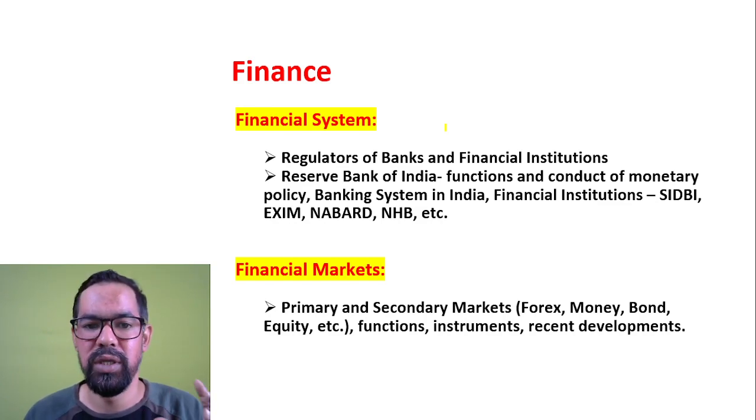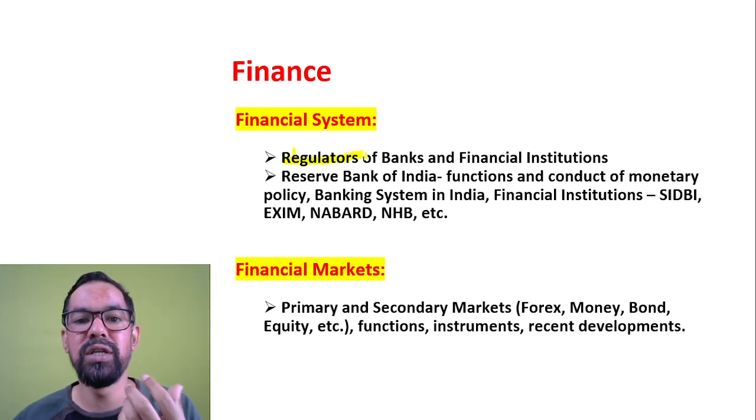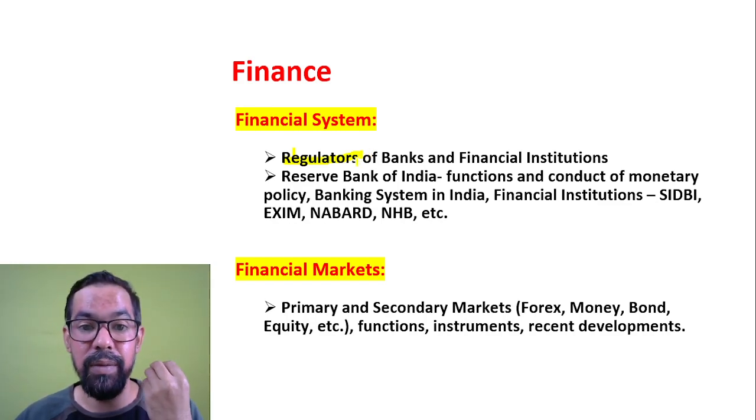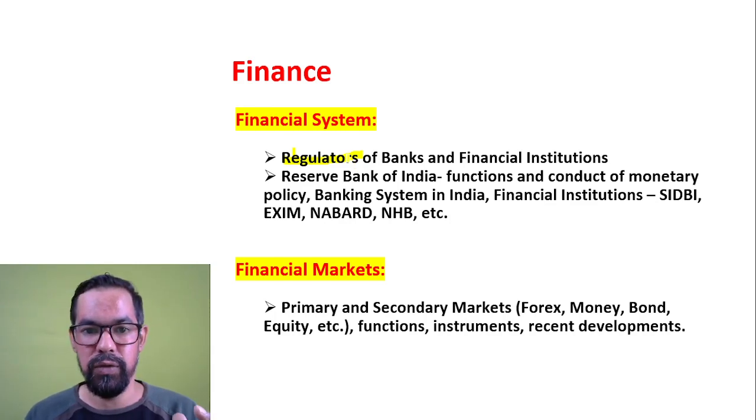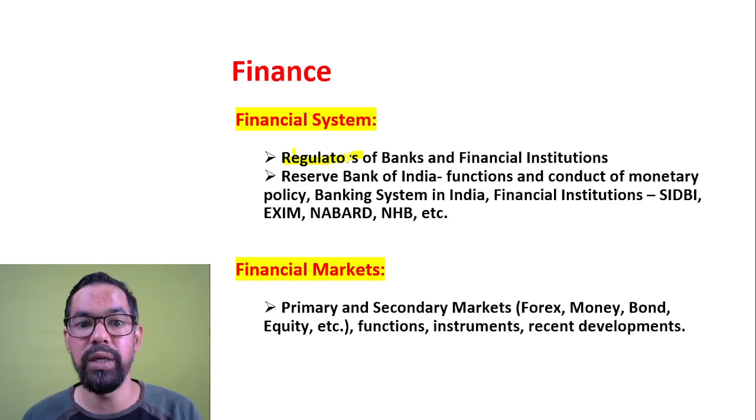So these all are part of this one. Okay, so first we have the financial system, or India's financial system, where we have different regulators for banks as well as for financial institutions. As I already told you, like RBI, we have IRDA, SEBI, and PFRDA. You have to study these particular regulators in detail.